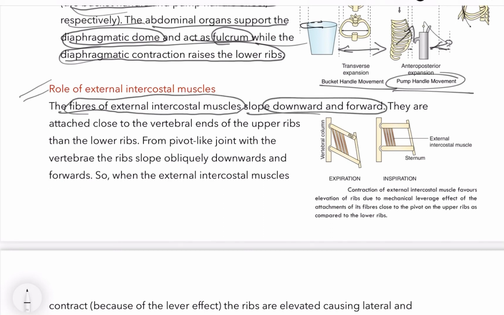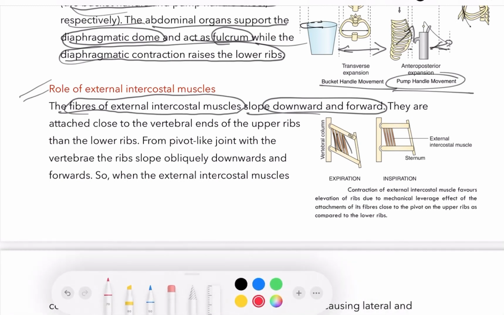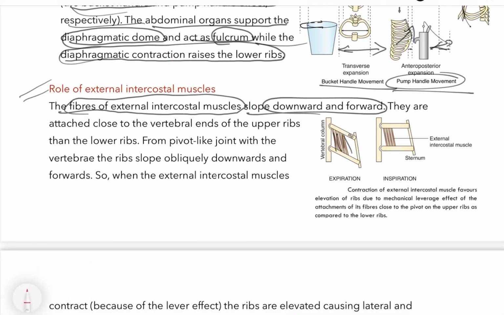Now you can see it was like this. Now when there is inspiration, you can see the fiber is like this and in the forward direction. As I said, it slopes downwards and forward like this when there is inspiration.